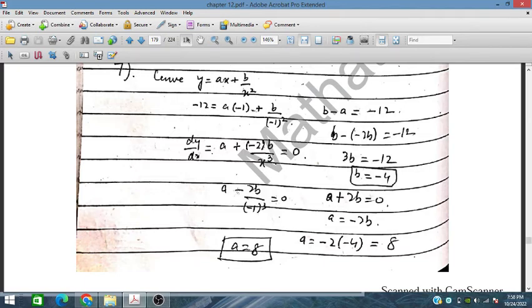So this becomes plus, so a plus 2b is equal to 0. So a is equal to minus 2b.